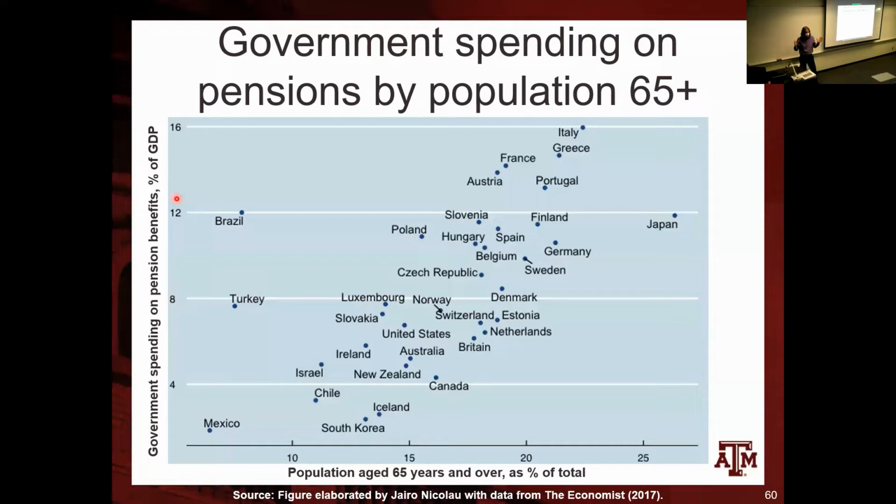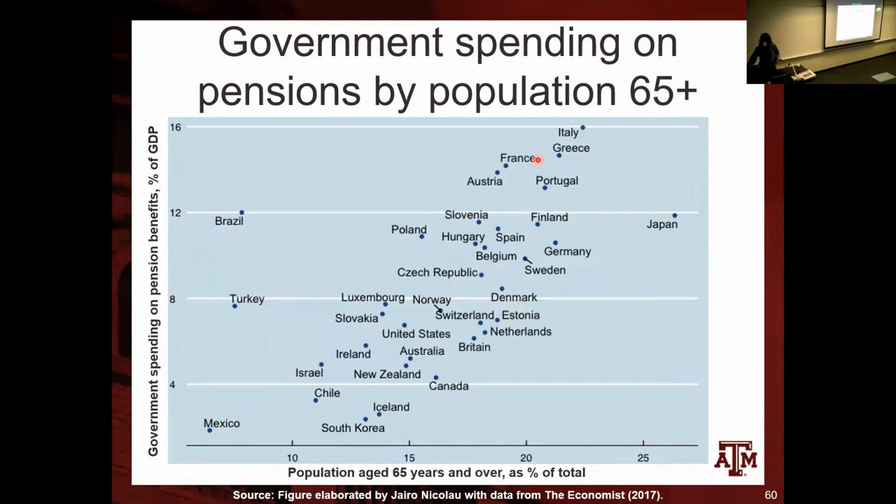That's what we would expect. And that's the general trend that we see in this graph. Countries that have higher percentage of people with at least 65 years of age, they will spend more money on pension benefits as a percentage of all the money that is produced in those countries in that specific year.